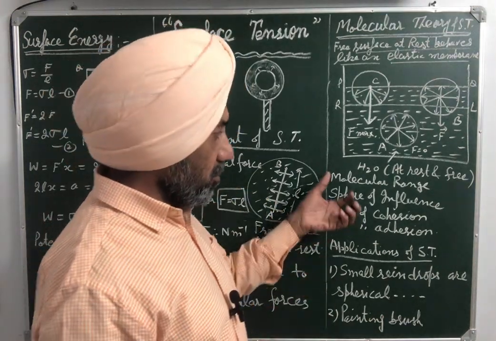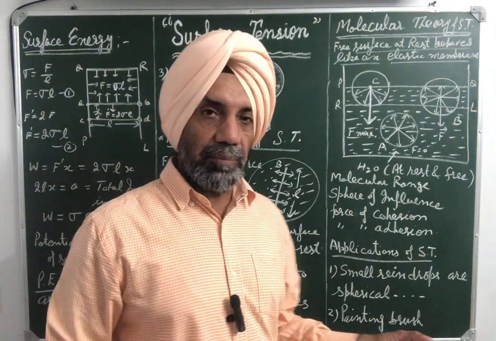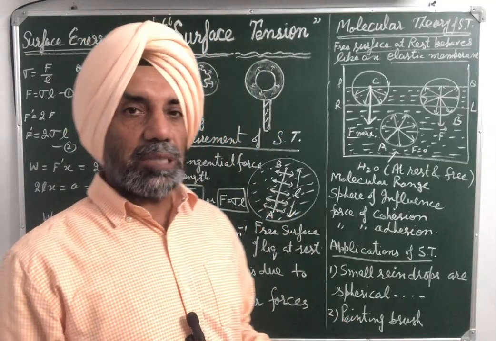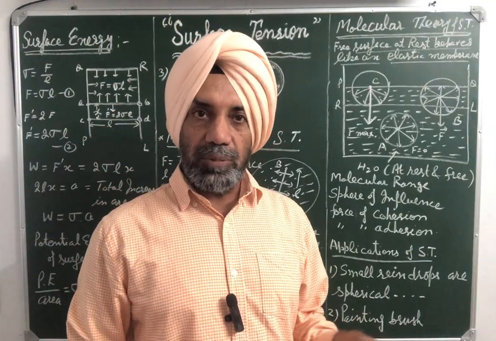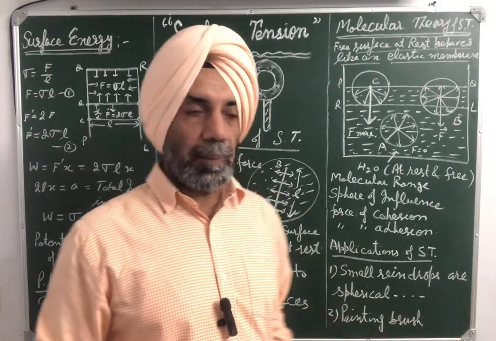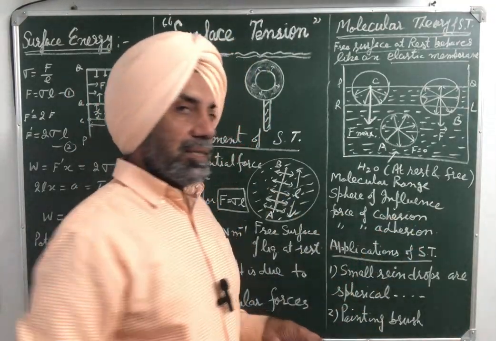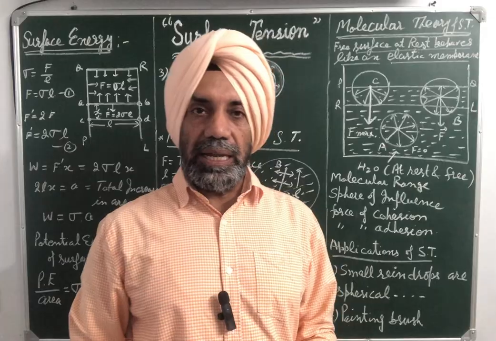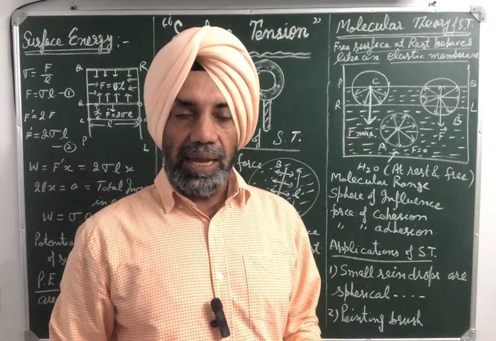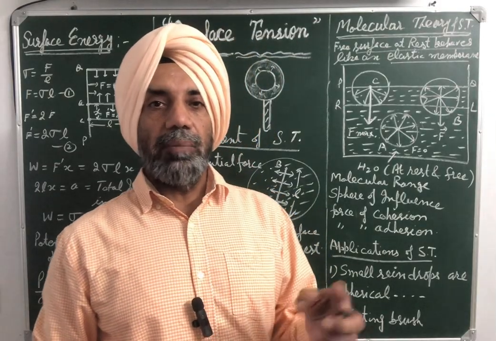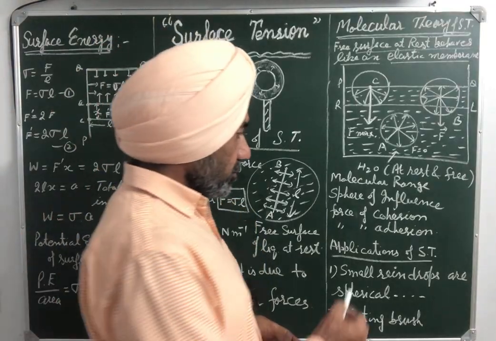So these are certain terms that we should understand. Molecular range means the maximum distance from the center of the molecule up to which its effect can be felt. Sphere of influence is a sphere drawn taking the molecule at the center and radius equal to molecular range.